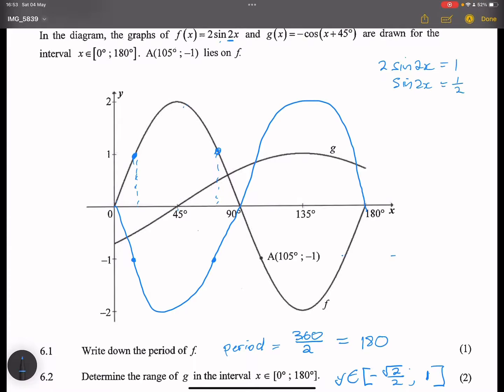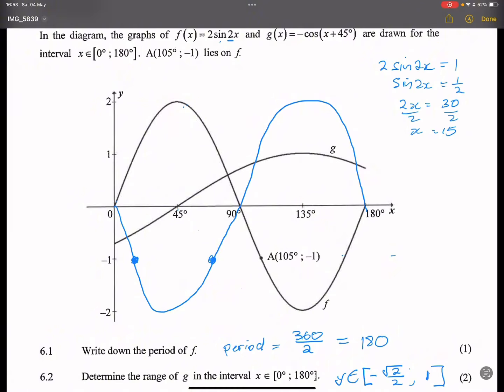If I divide by 2 on both sides, then 2x would be the arcsine of a half, which is 30. And if I divide by 2, that is 15 degrees. The mirror image of that would be 90 minus 15, which gives us 75.